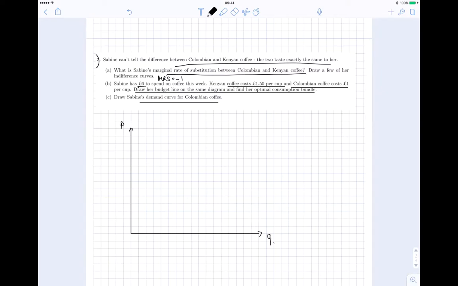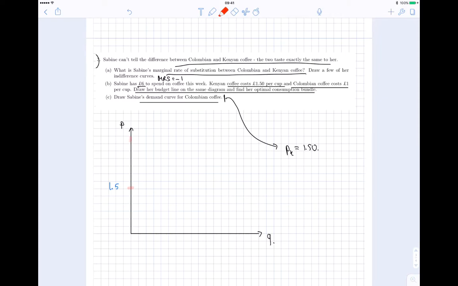When you say draw demand for Colombian coffee, what are we assuming about Kenyan coffee price? It's staying the same. Exactly. So we're doing this with the Kenyan price held fixed. Given that, how would you draw this Colombian coffee demand? I said if the price is over £1.50, the demand is going to be 0. Excellent. So it crosses the axis there.